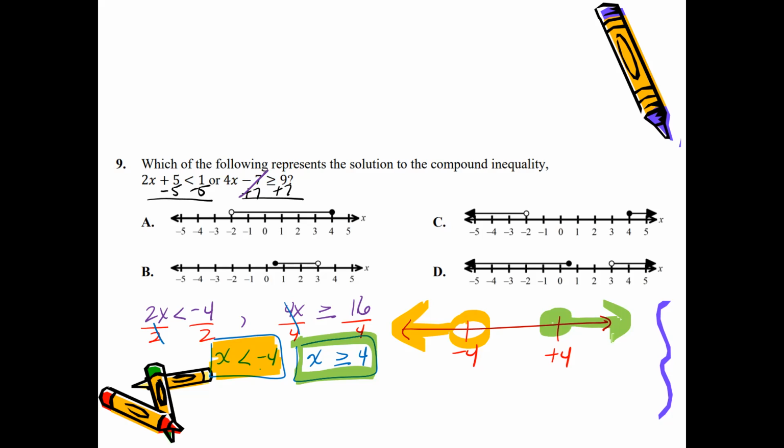So which one does not match, you guys? A, B, C, or D? I think the only one that matches is C as in cat, okay? And that will be the correct answer if you get this one right.